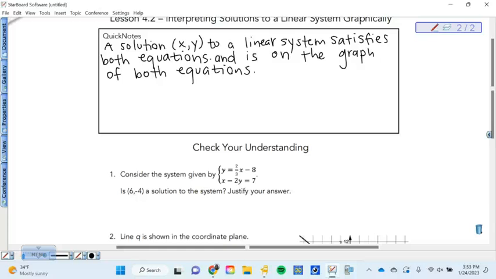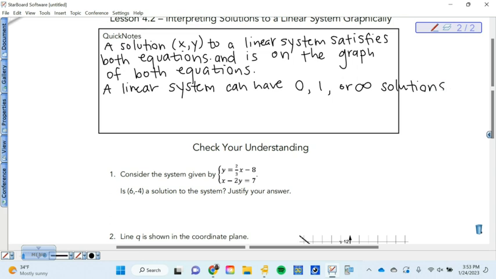But before you do, I want to draw 3 little pictures. So a linear system can have 0, 1, or infinite solutions.